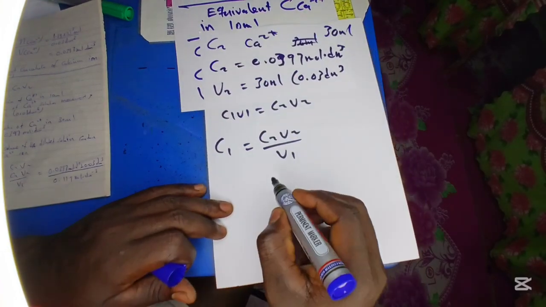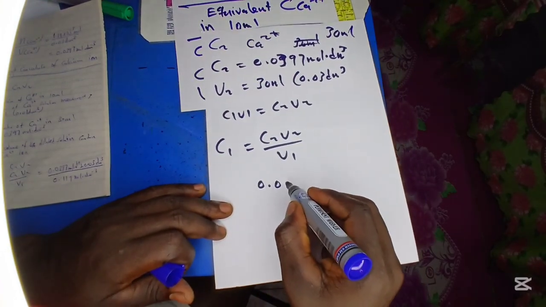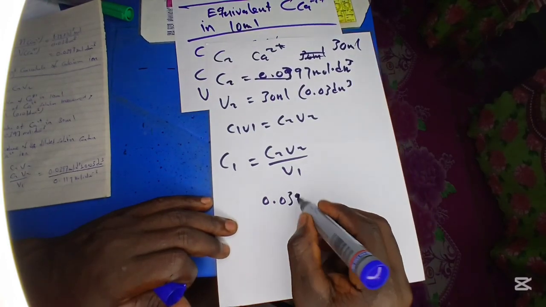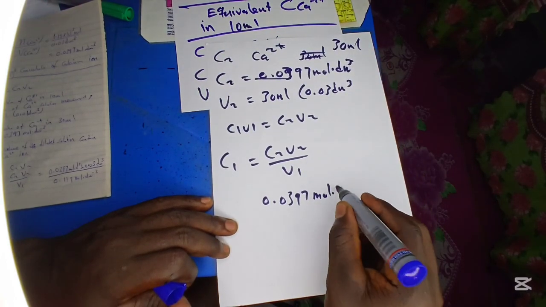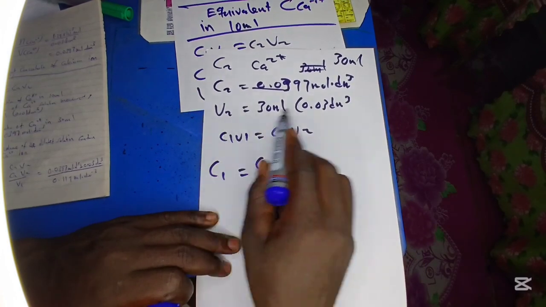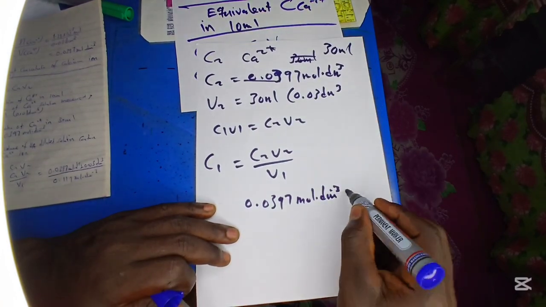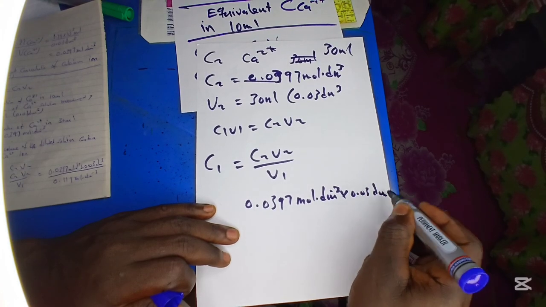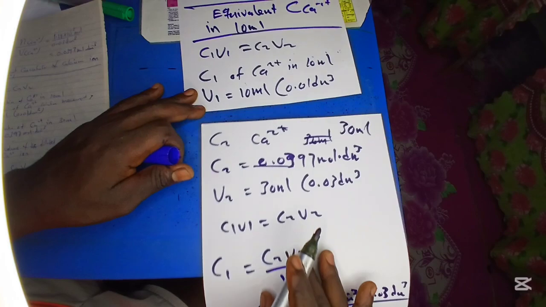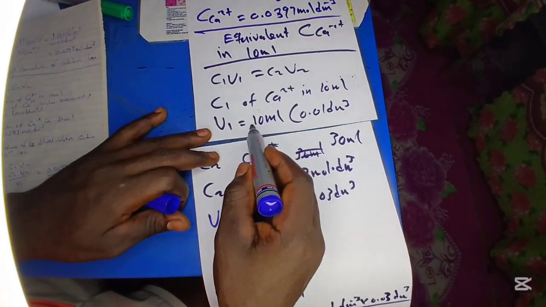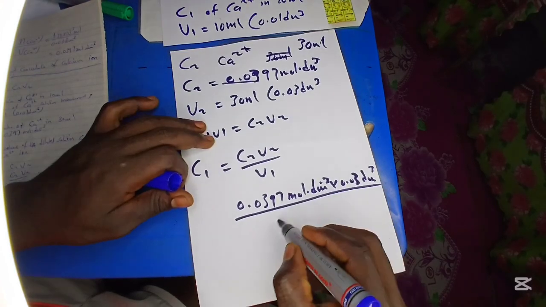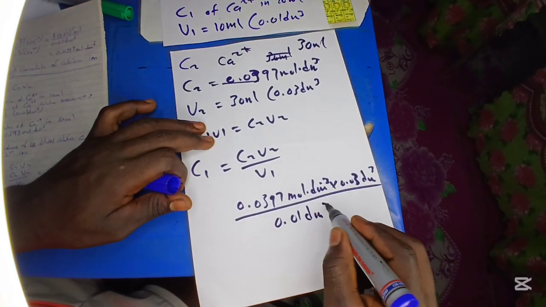Our C2 is 0.0397 mol per dm³, and our V2 is 0.03 dm³, divided by our V1. Our V1 here was the volume of the prepared sample that we took, which is 10 ml or 0.01 dm³.